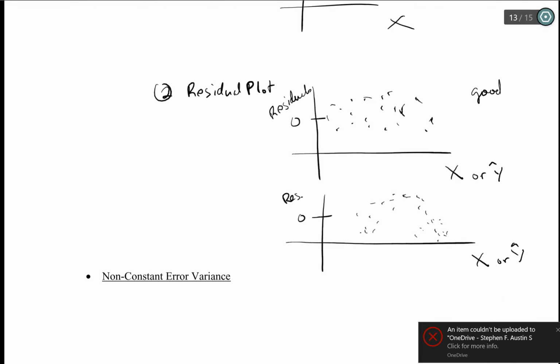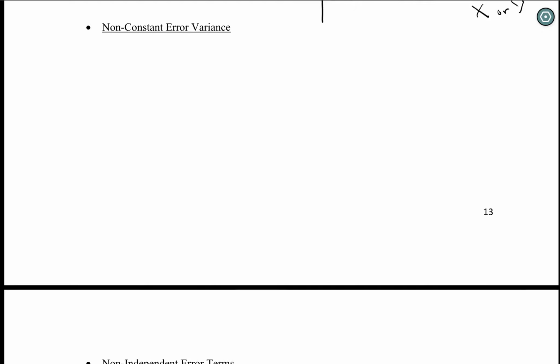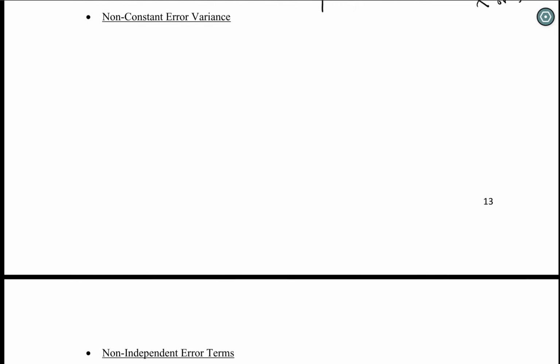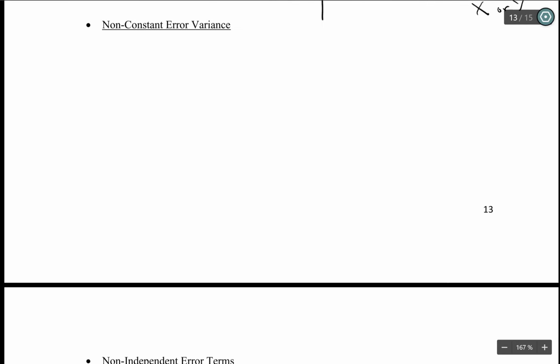Okay, so let me X that out. Let me back up just to be clear. This would be bad. So patterns are bad. We don't want that.